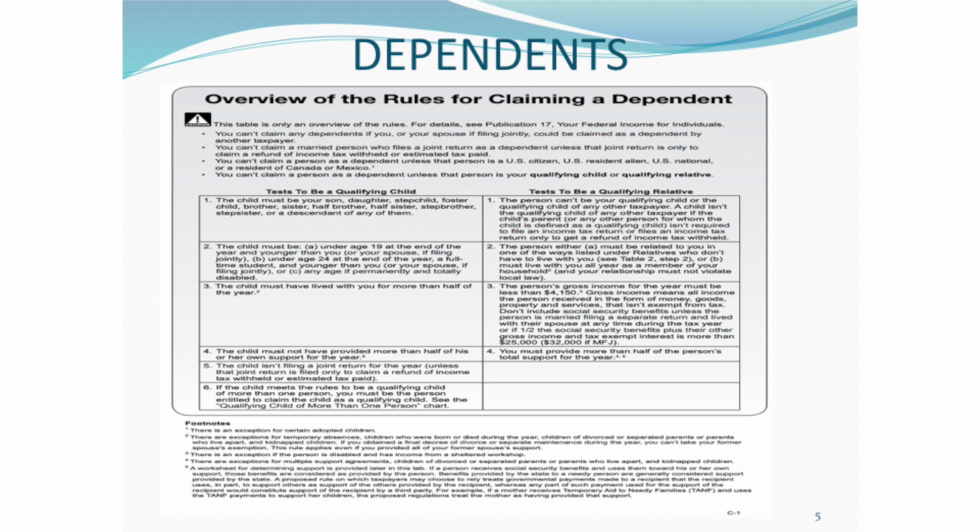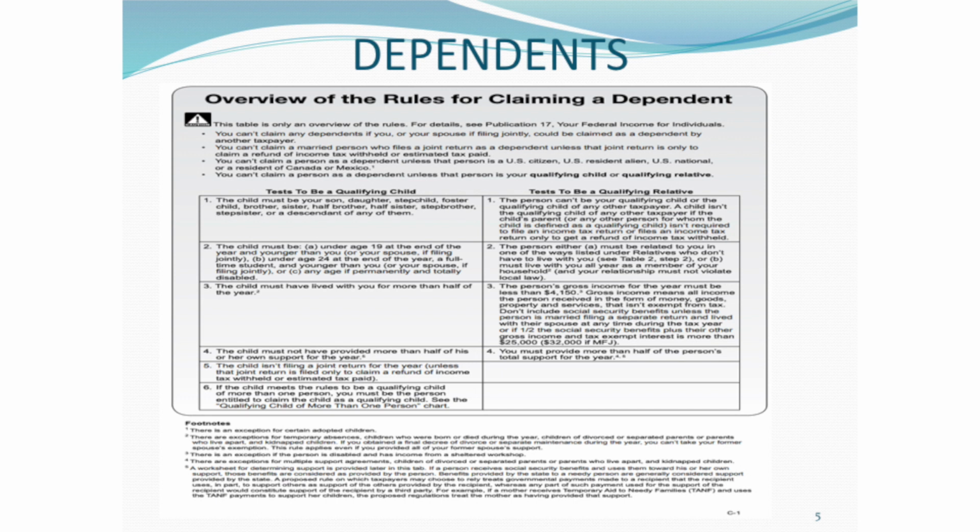Now, this slide is a replica of the chart shown on page C-1, overview of the rules for claiming an exemption for a dependent. So let's talk a little bit about that. Right off the bat, the chart gives us a caution telling us the table is only an overview of the rules, and then refers us to another source, Publication 17, which provides an in-depth clarification.